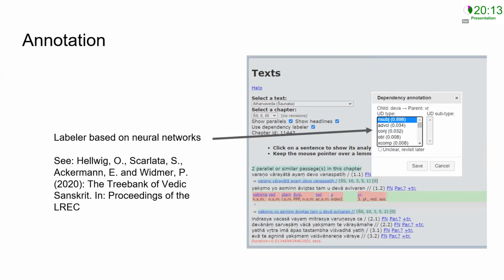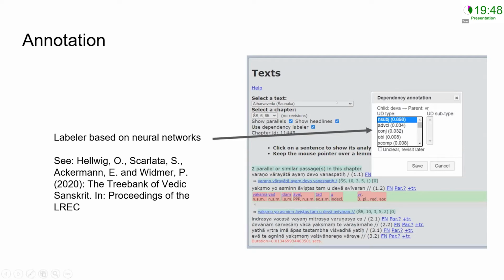How does this work? When the annotator chooses a head and dependent word, the neural network collects some information about the linguistic context and about the words itself and about the sentence context. This information is fed into the network, and then at the end you have a so-called softmax layer, which means multi-class logistic regression.